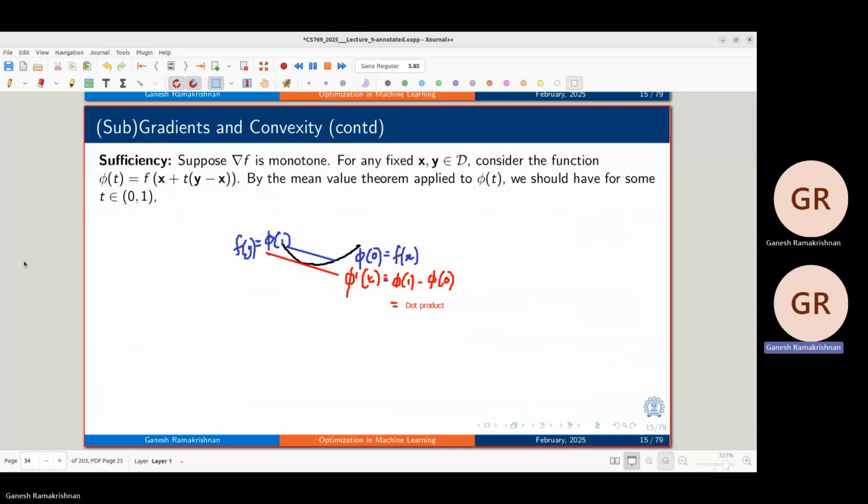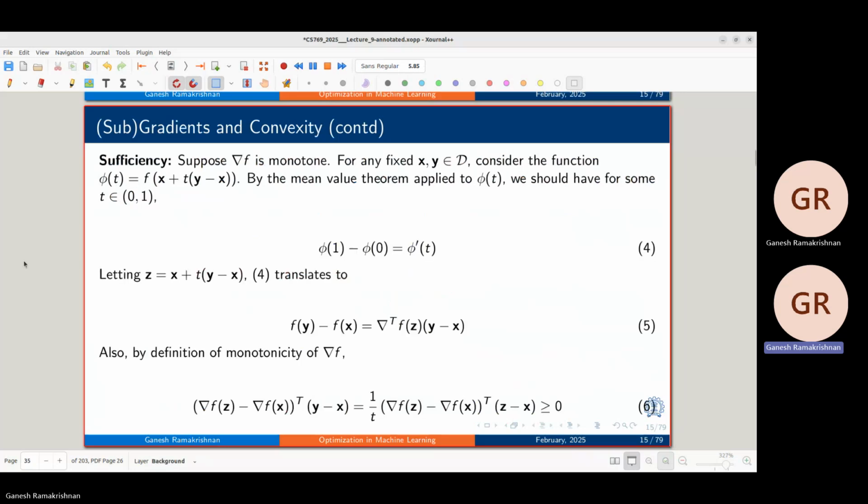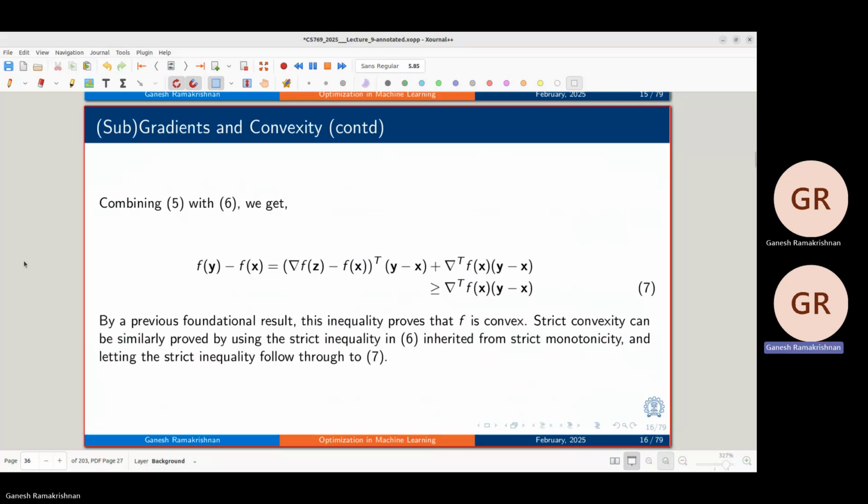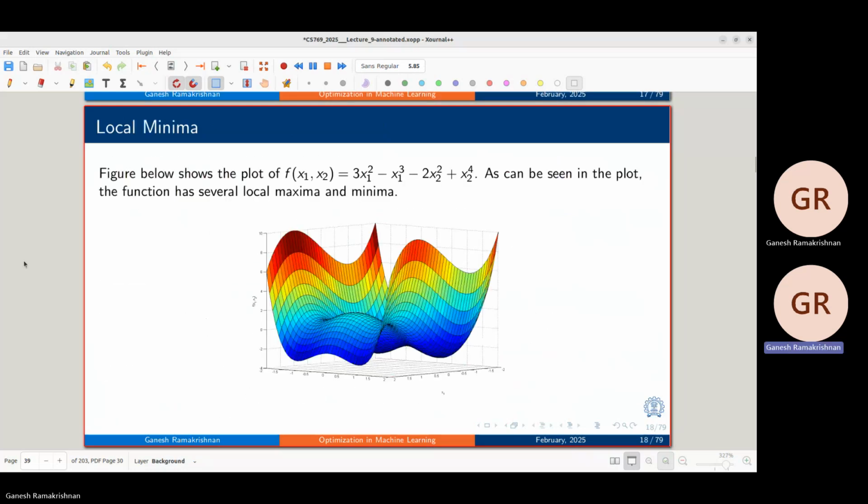The basic idea is this: you know the mean value theorem, the existence of some point between the two where the slope is exactly the same as the slope of the graph. When you use that, you're able to show the sufficiency condition. I'm just going to leave you with that.